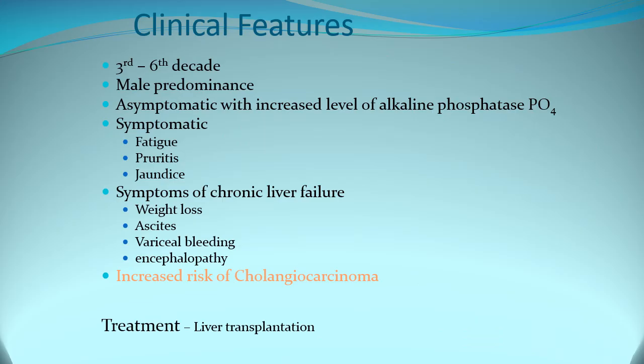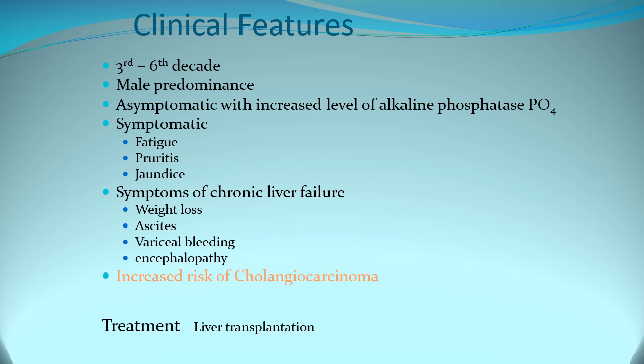Clinical features of sclerosing cholangitis: it mostly occurs in the 3rd to 6th decades of life with male predominance, while primary biliary cirrhosis is female predominance. In an asymptomatic stage, there is increased level of alkaline phosphatase only.